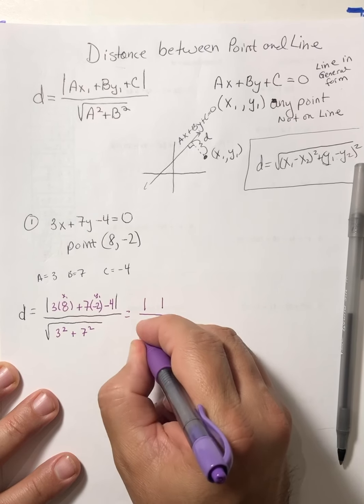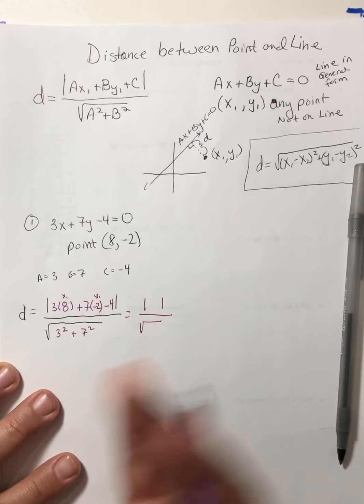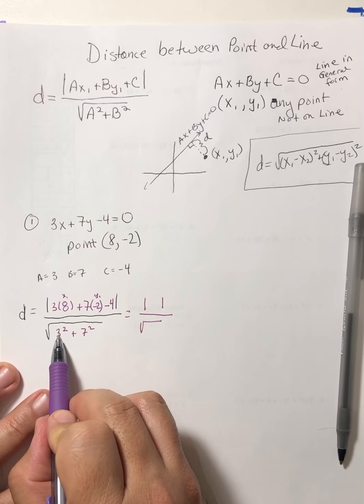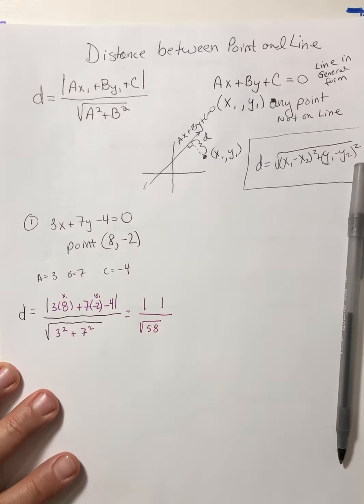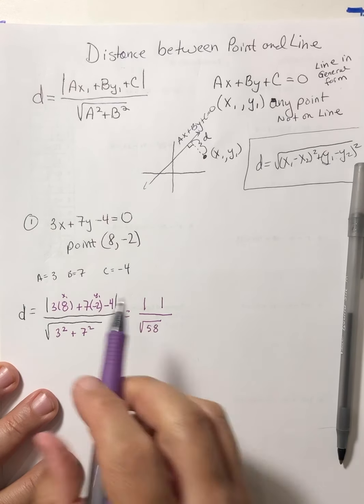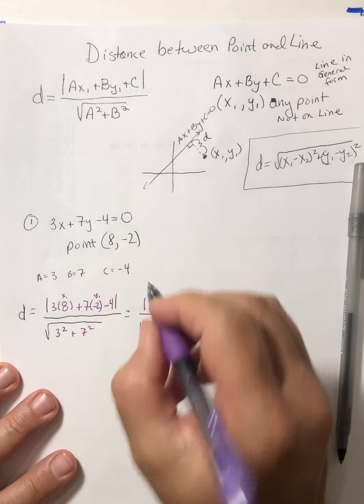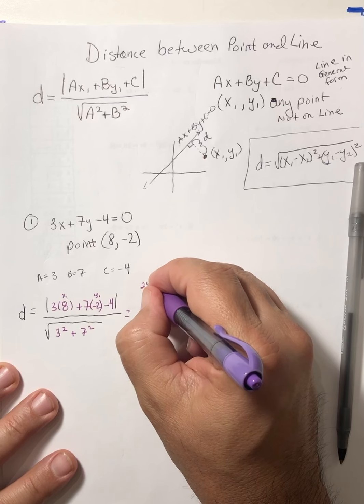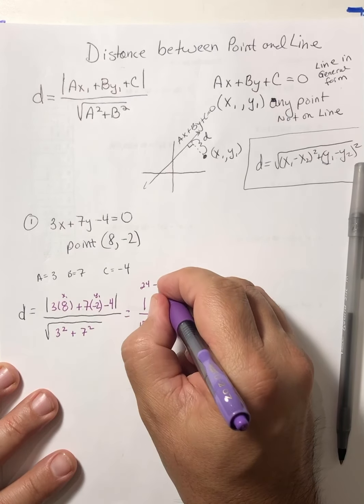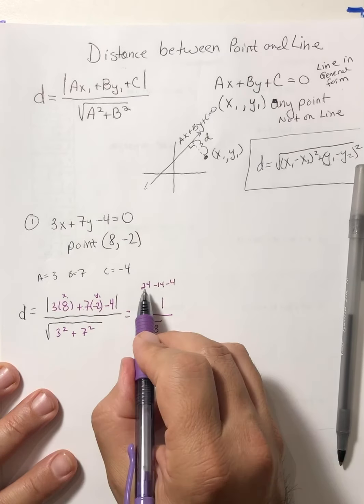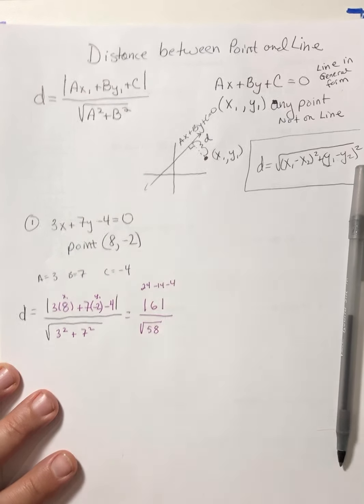Crunch out the top, crunch out the bottom, problem's done. 9 plus 49 is 58, so we get a square root of 58 on the bottom. On the top, 24 minus 14 minus 4. 10 minus 4 is 6.